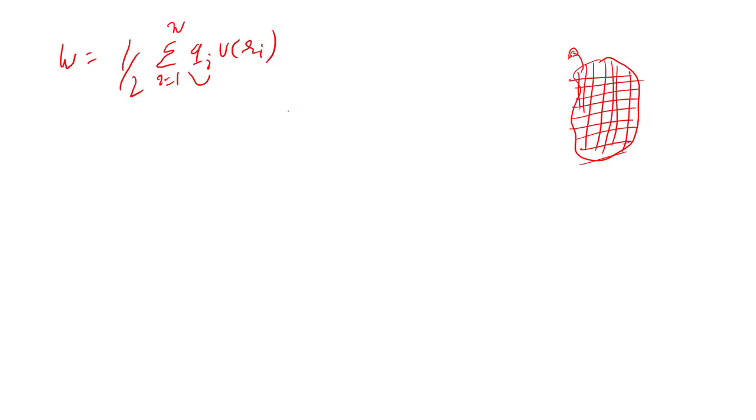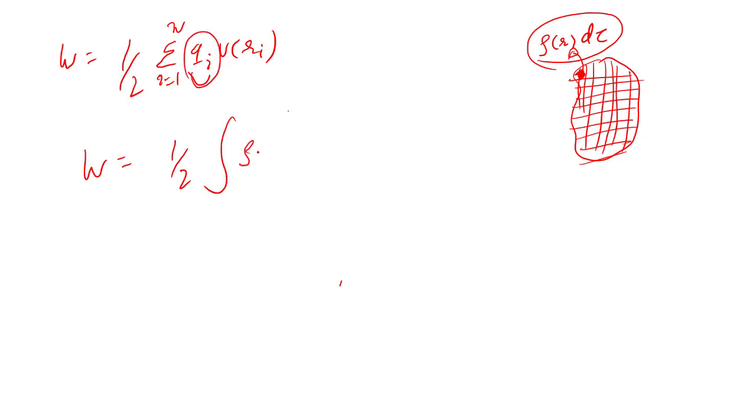If the volume charge density is rho of r, and this small piece has a volume of d tau, then the total charge in the small volume is rho d tau. So in general we can write the expression as half of the integral of charge density times V times the volume element d tau, going over each of these elements to integrate to get the total energy.